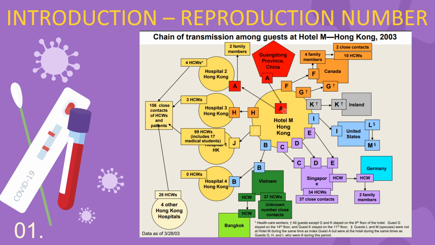Ang nangyari is that when he was still in the hotel, he felt sick already, went to the hospital, and right away exposed 4 health workers, who then got in contact with other 56 people, including health workers and patients. And again, these people got in contact with other health workers in 4 different hospitals in Hong Kong.